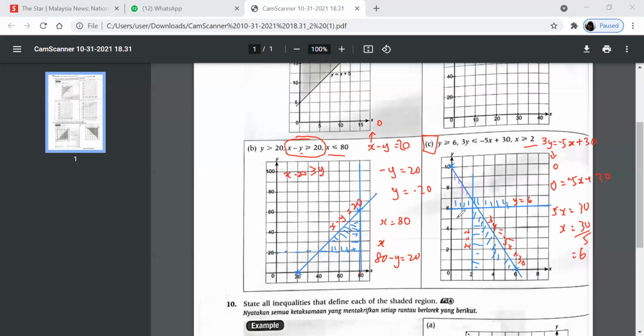X is more than... Less... More than. So where's the overlap?